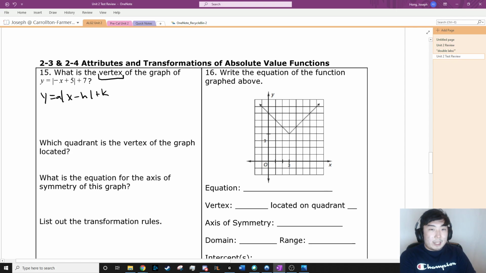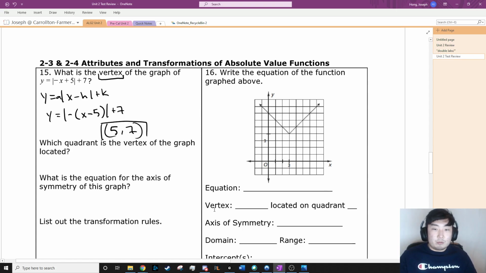I have this negative right here. So what I really want to do is switch this from looking like the original and really factor out that negative. So negative, absolute value of x minus 5, plus 7. So my vertex is going to be (5, 7).